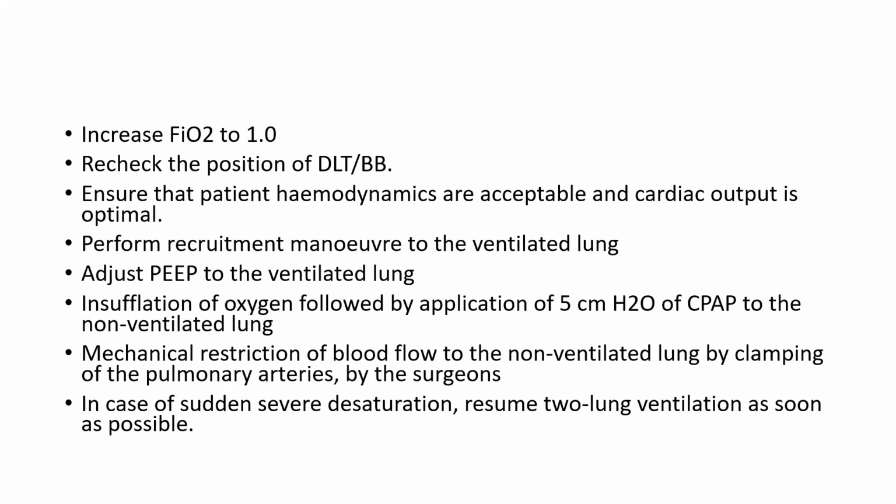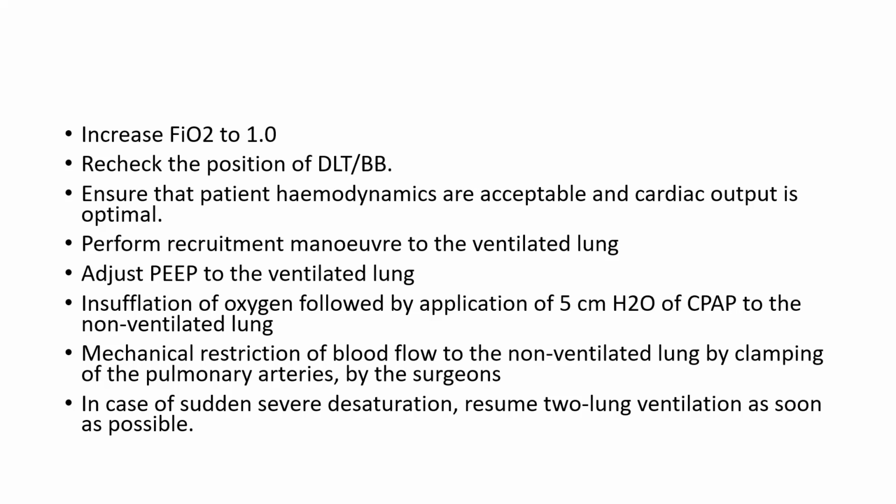So if all these maneuvers fail to bring up the saturation and the patient keeps desaturating, then we have to communicate with the surgeon and resume two-lung ventilation if possible.